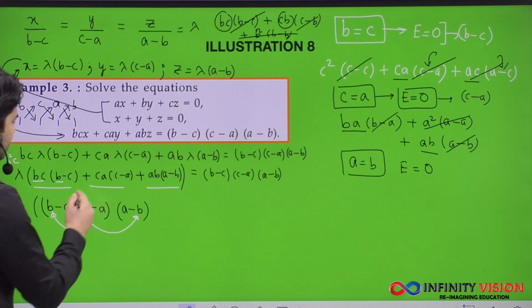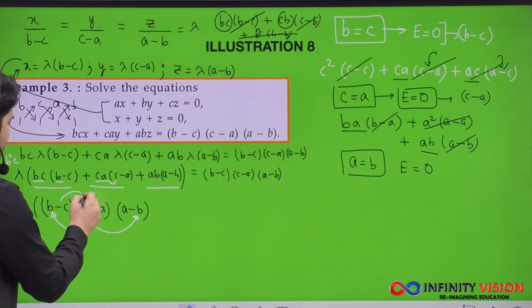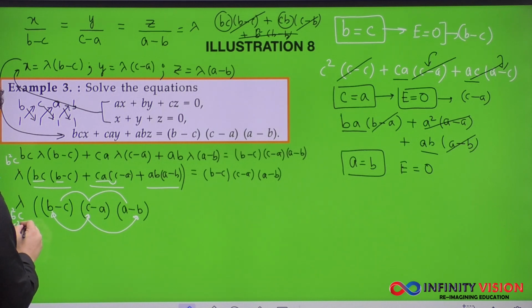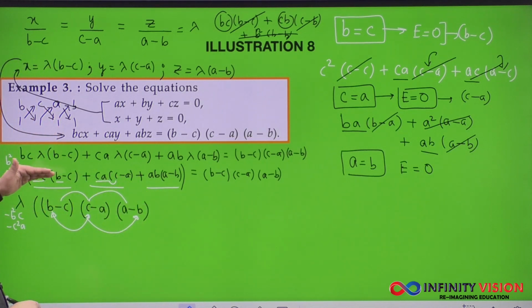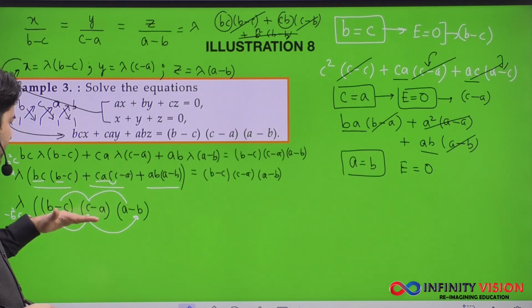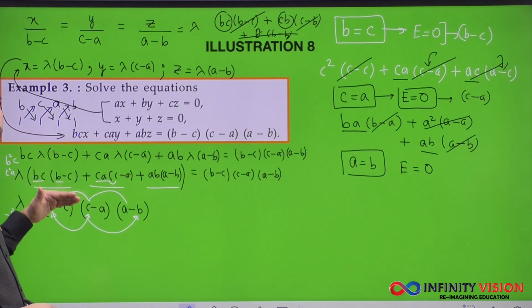Let's check other. CA into A, that is C square A, minus C into C, minus C square. Again I am getting minus C square A. Here I am getting plus C square A, here I am getting minus C square A. So eventually you will notice that if I expand this, all the terms I'll get will be of opposite sign.